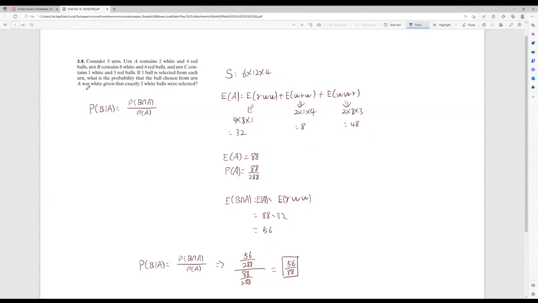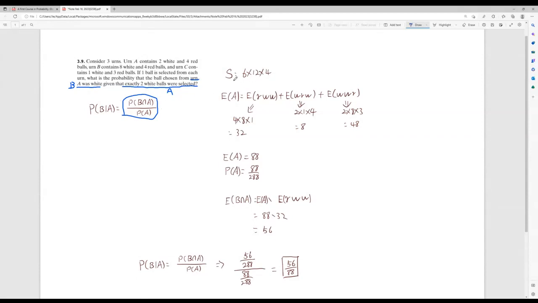Since we have to use the conditional probability here, denote the first event to be A, and the second event to be B, and we're looking for those two values.